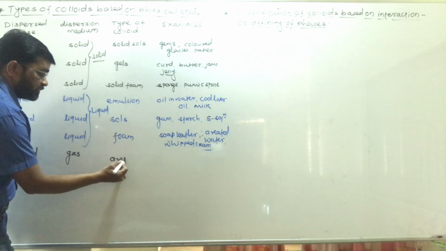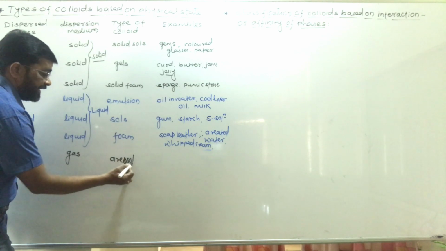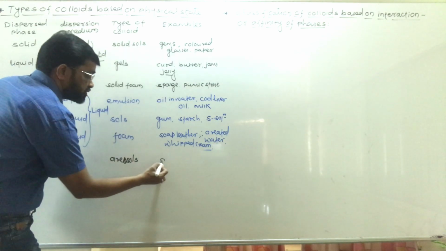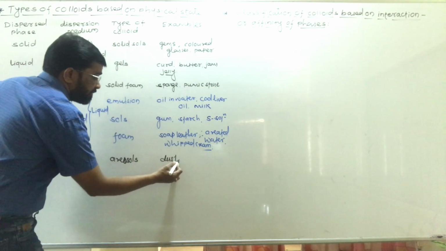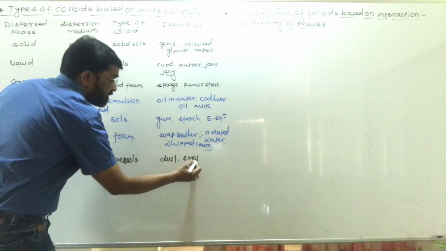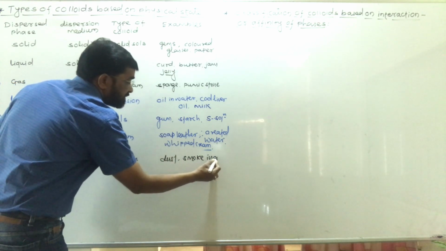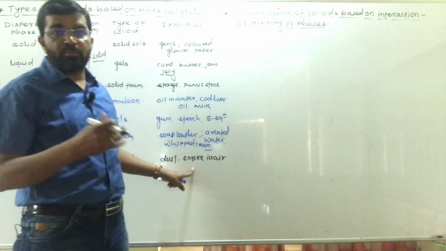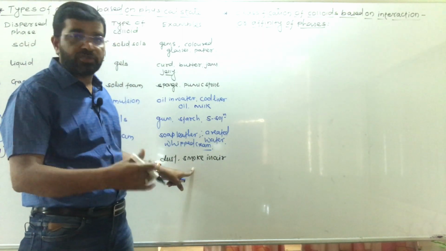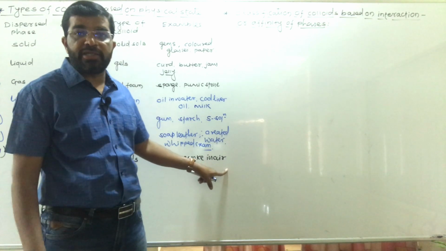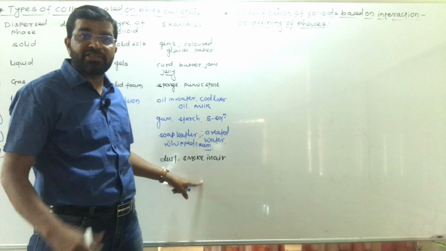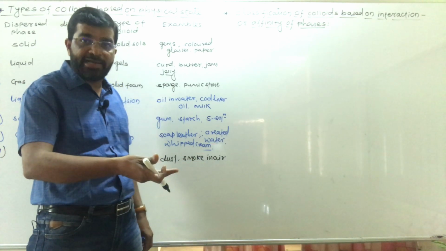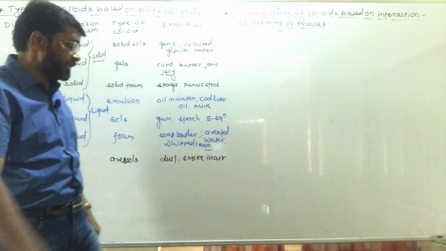Examples of solid aerosols: dust, smoke in air containing a large number of carbon particles. So that is the solid in gas type of colloidal system.